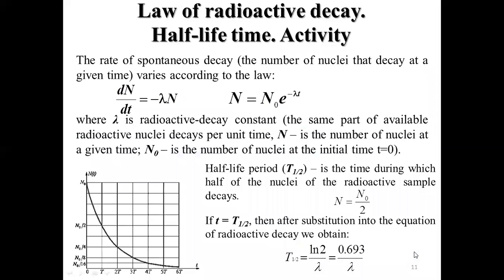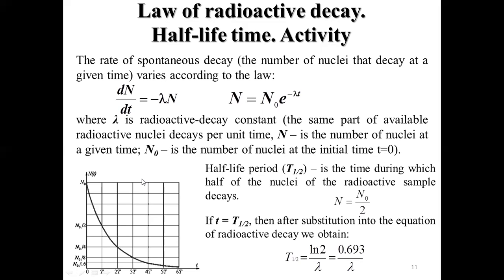Then the rate of spontaneous decay, the number of nuclei that decay at a given time, varies according to such law. When we integrate this differential equation, we obtain the exponential law of radioactive decay, where lambda is the radioactive decay constant.